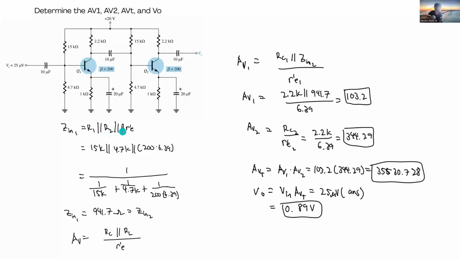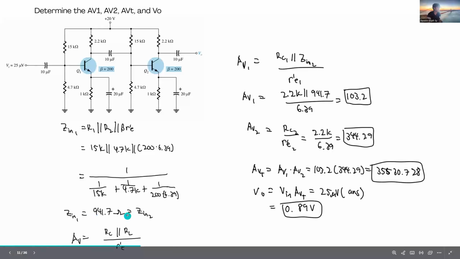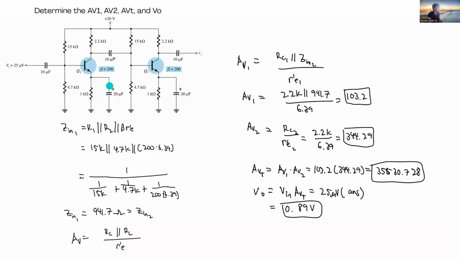We apply the formula, and then we type it in our calculator, and then we will have our input impedance. Since they are the same values, the input impedance for stage 1 is also the input impedance for stage 2, 941.7 ohms.